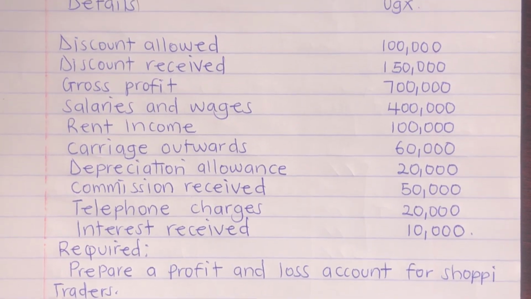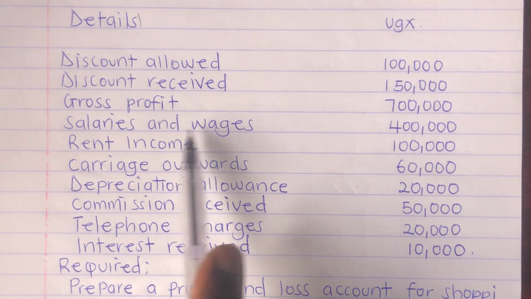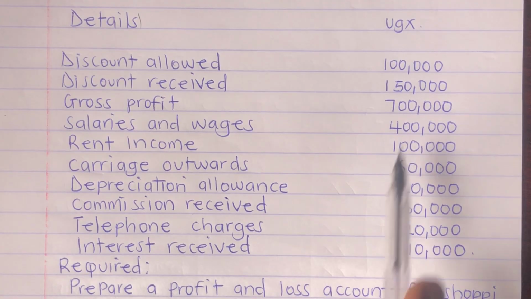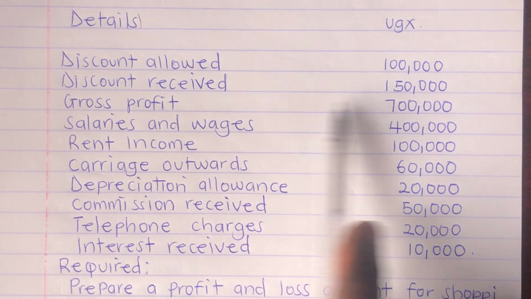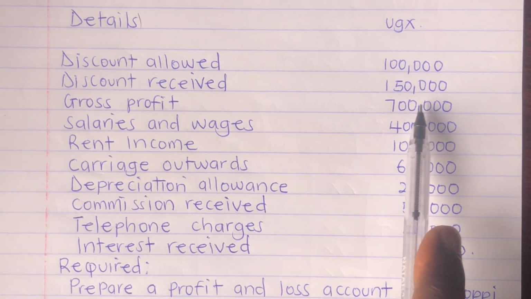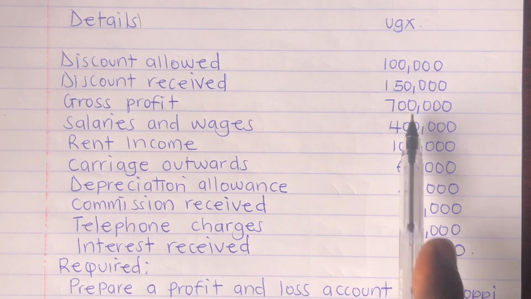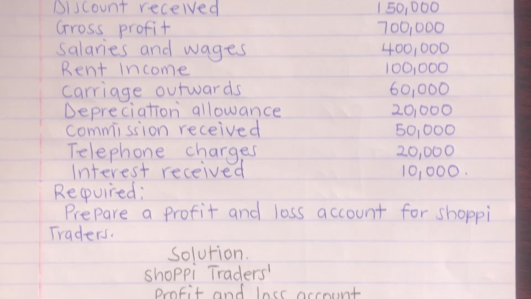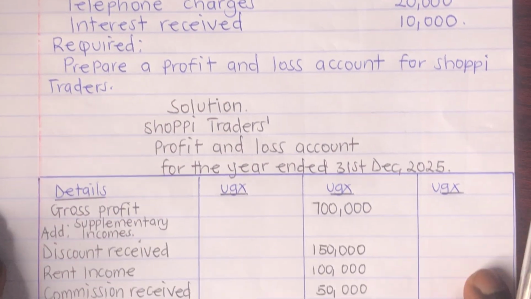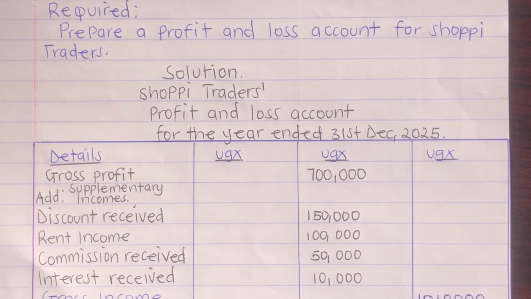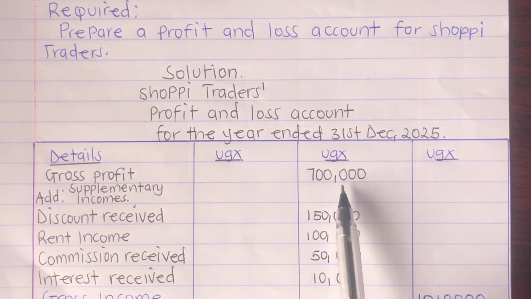We had our gross profit as 700,000. So we post our gross profit in our format as 700,000. So you come and post it here. We post it in the second column.